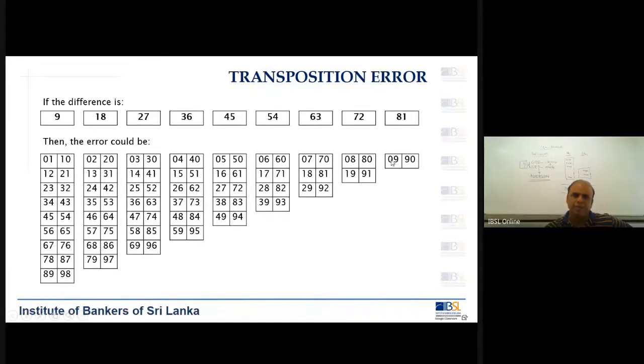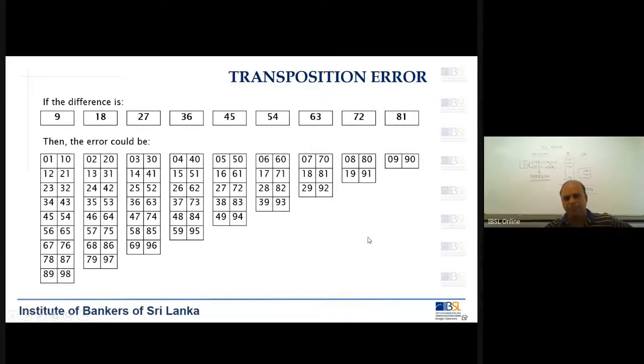How can it happen? When you commit mistakes of writing numbers or taking them into your trial balance like this, these type of errors can occur. So it is very clear that the transposition error can happen in one of these ways, as I mentioned here.